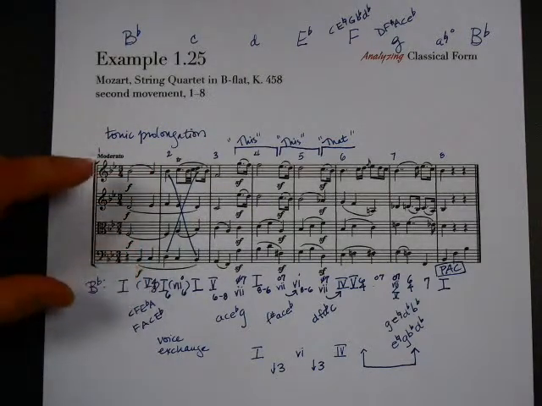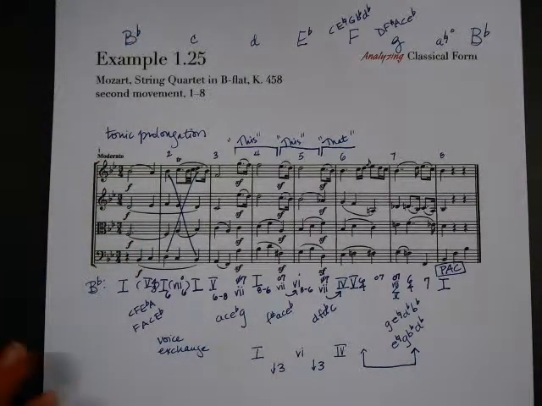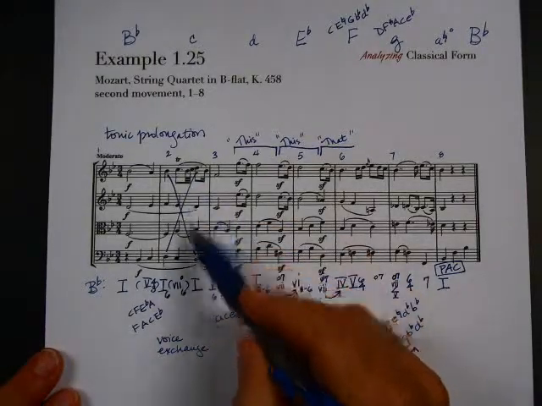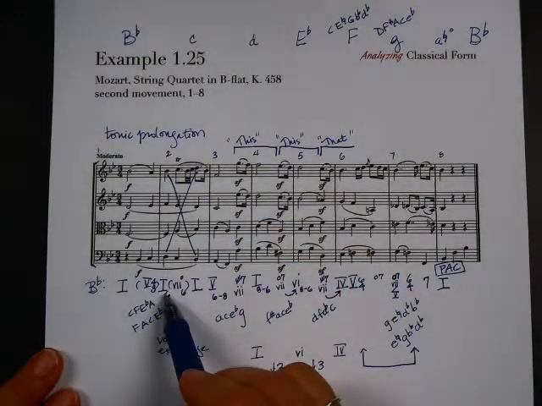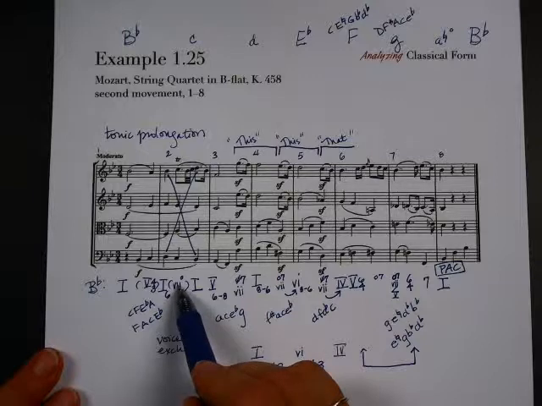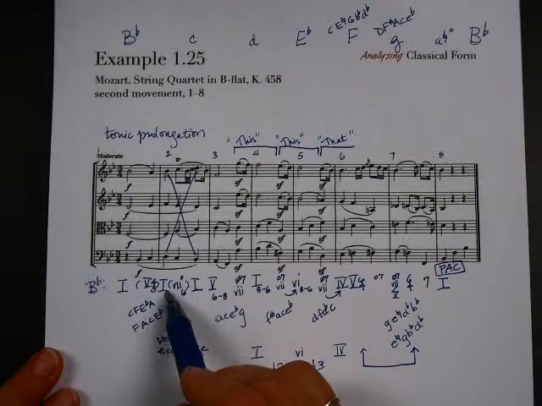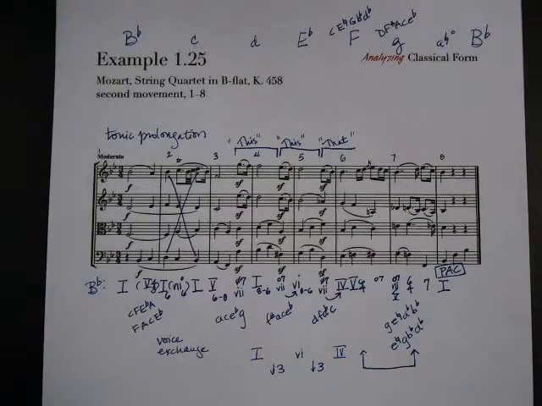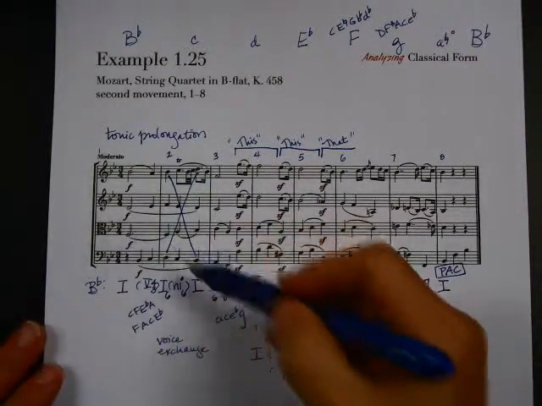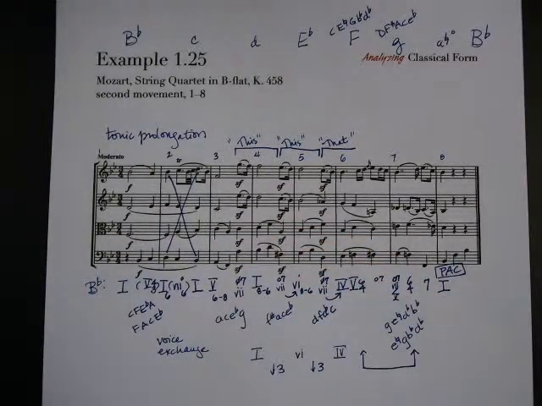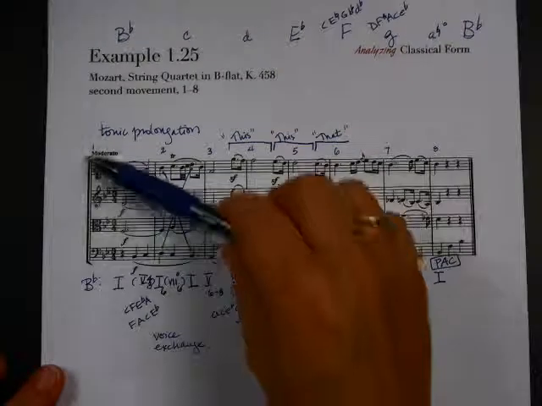Very common that a voice exchange occurs anytime a 7 diminished 6 connects a root position or first inversion, whether you're moving from the first inversion to the root position or vice versa. A voice exchange will go along with a prolongation of the harmony that begins and ends the voice exchange. So the fact that this is a tonic prolongation and we find a voice exchange within it is no big surprise there.